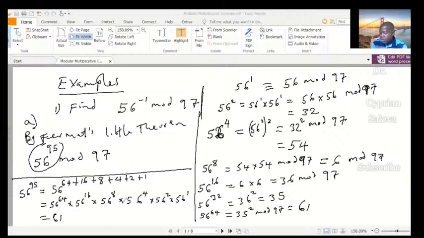I also know that 56 raised to 16 is 36. Raised to 8 is 6. Raised to 4 is 54. Raised to 2 is 32. Raised to 1 is 56.